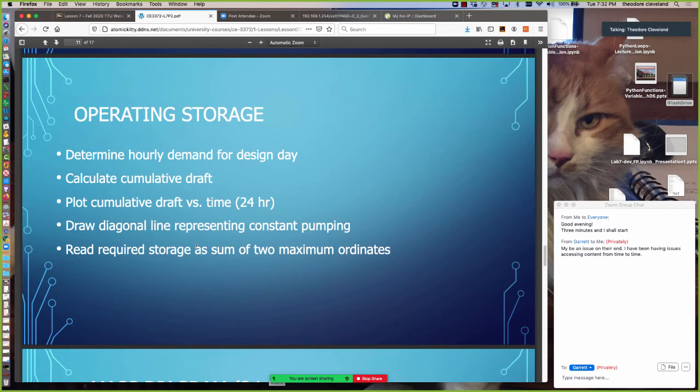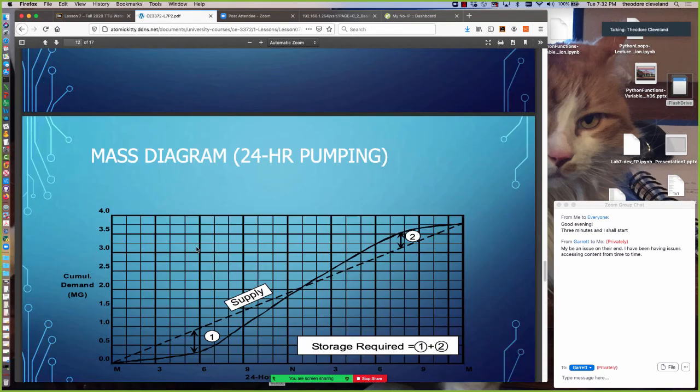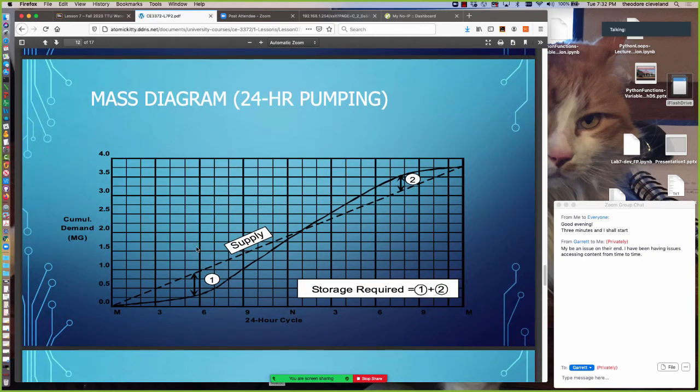So that's all nice and good in words. Let's see a picture. And so here's a graphical representation of what was just stated. Here we have a day running from midnight to midnight. Noon is in the middle, and 3 a.m., 6 a.m., 9 a.m., noon, 3 p.m., 6 p.m., 9 p.m., midnight.